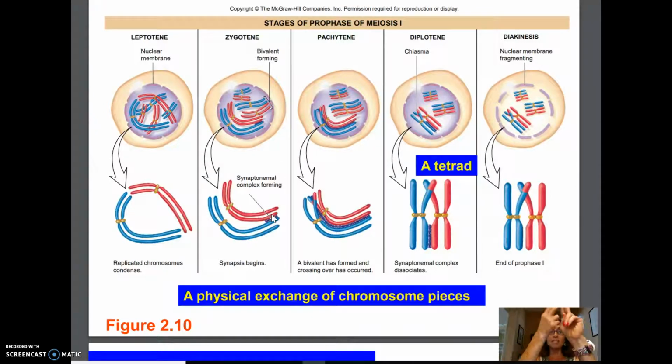Literally, between mom and dad's chromosomes, you're going to have a swapping of genetic information. During the zygotene, you have this kind of zipper forming between the chromatid pairs. And by the pachytene, you have open ends. During the diplotene, the chiasmata is very obvious, and that's where the crossing over is literally happening.